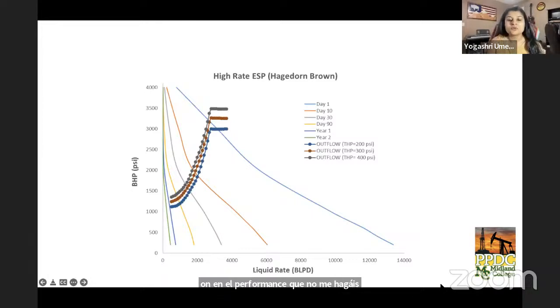The slide that I also want to show shows the difference between conventional and unconventional reservoirs. In conventional reservoirs, you'll notice that the reservoir pressure changes dramatically at different time steps.